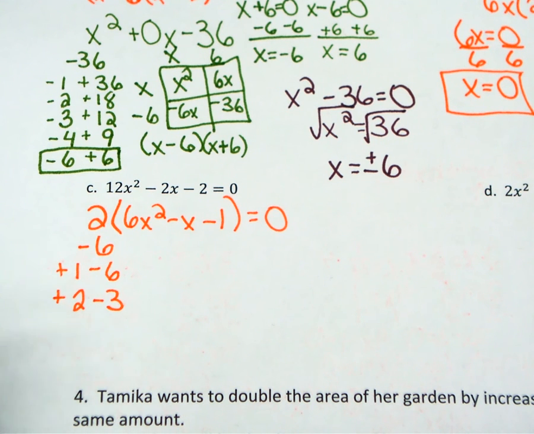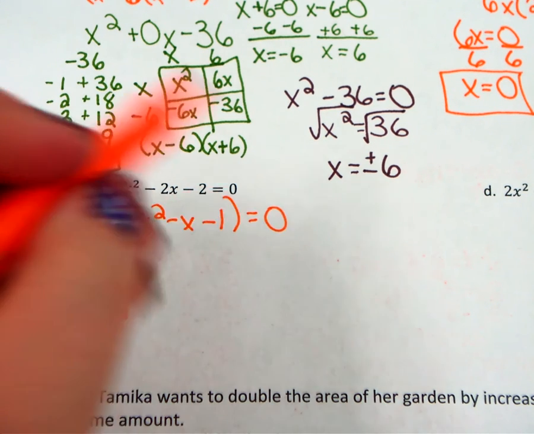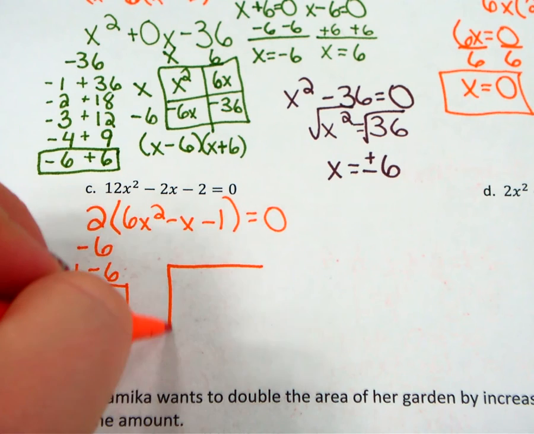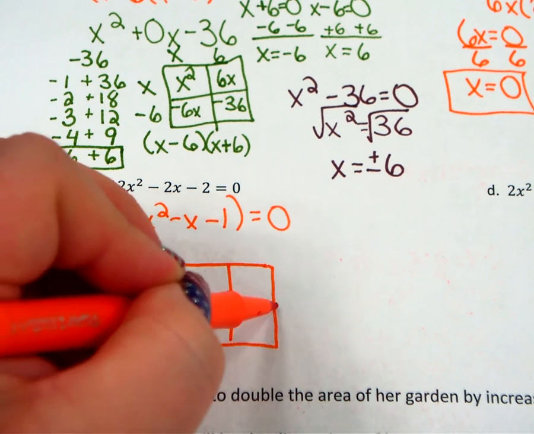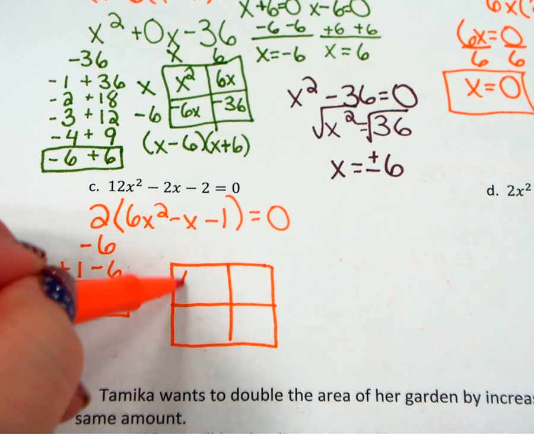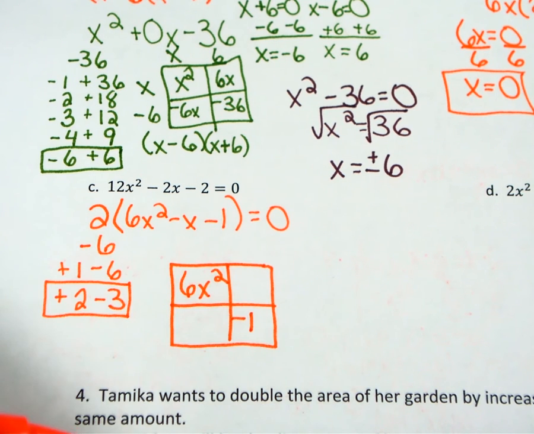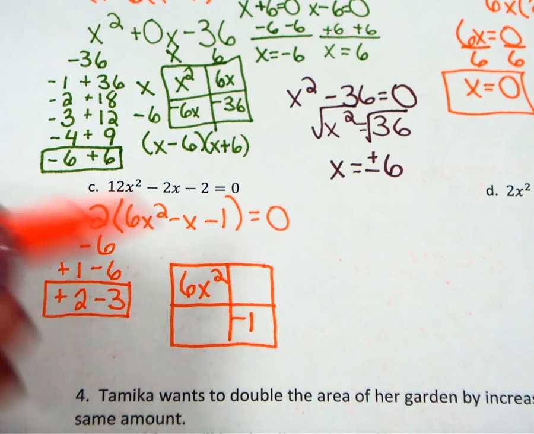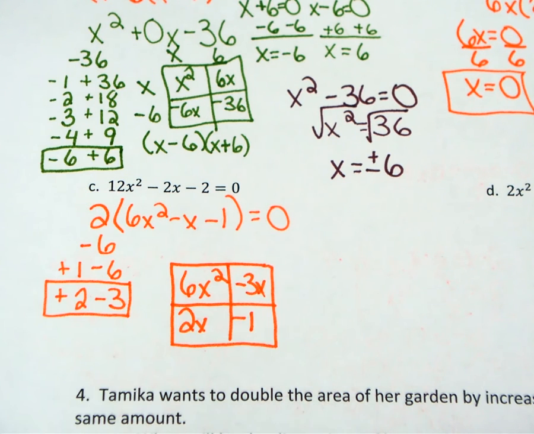Find the pair that adds to be a negative 1. First term is 6x squared. Last term, negative 1, they're diagonal. And then 2x and negative 3x.